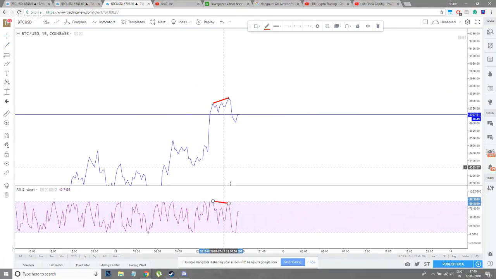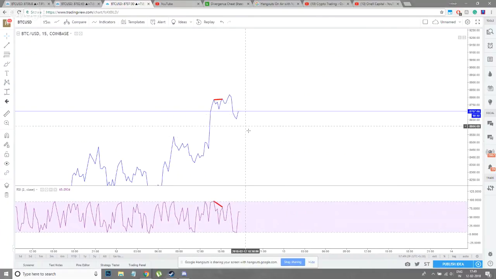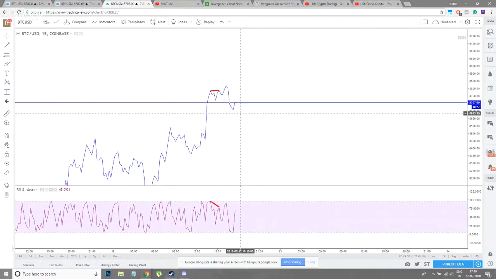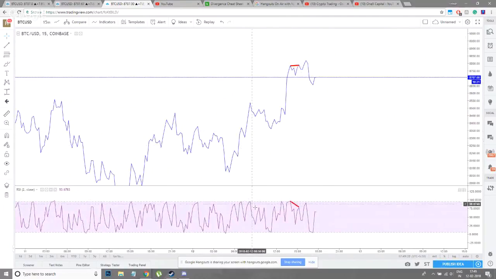Because the previous, sorry, hang on, this is not correct. This is what we're supposed to look at, where there was a very slightly higher high and there was a lower high on the indicator. This indicated that you should short the next bounce, no matter where it comes, and hope for a lower low than before. This works on all time frames, so just keep an eye out for those.